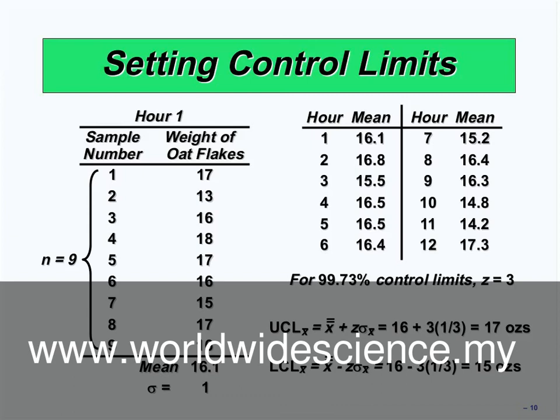Cup number 1, the weight was 17 in hour 1. Cup number 2, the weight was 13. Cup number 3 was 16. Cup number 4 was 18. 5 was 17. 6 was 16. Until 9 was 16 again. You see the result of hour 1 on the right in the table: the sample number for each cup and the weight of each cup.